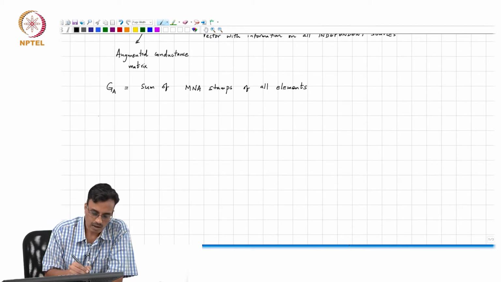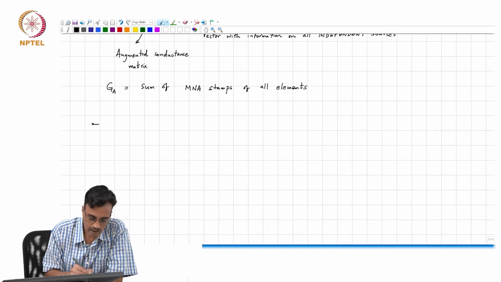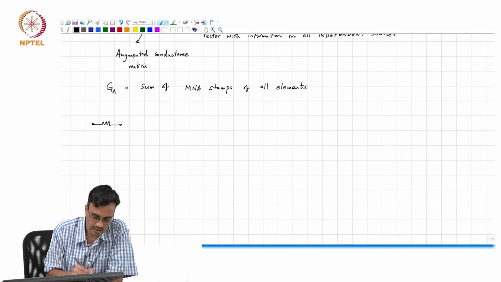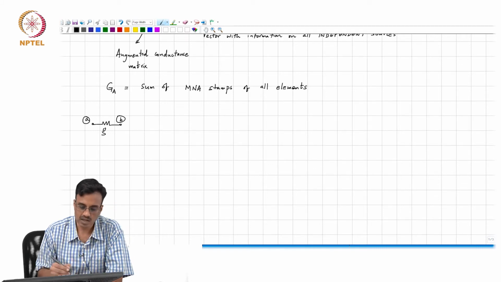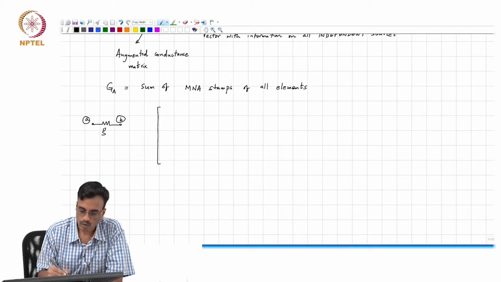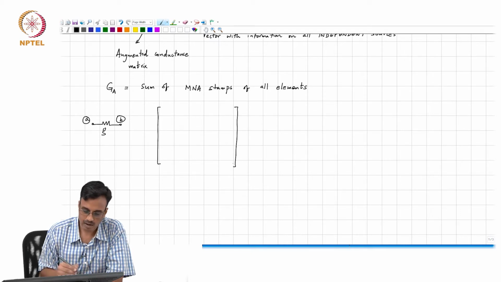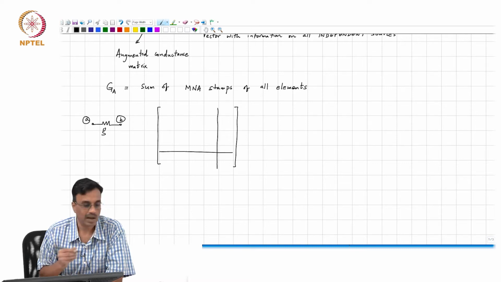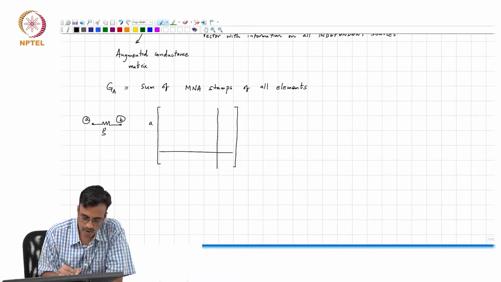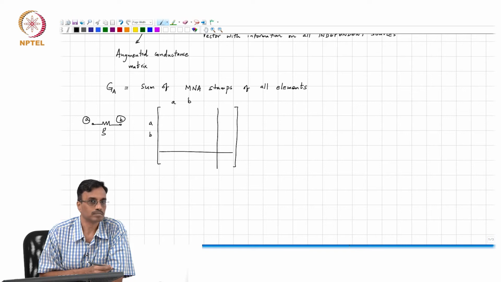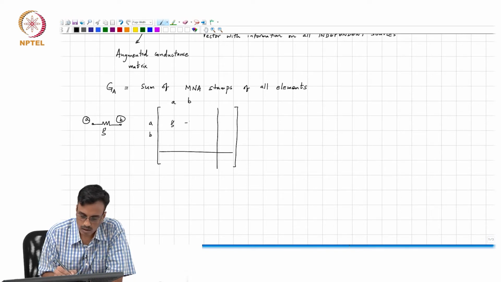So let us quickly write that down. This is node A and this is node B and this is a conductance G. This is the augmented conductance matrix. We allow for potential auxiliary equations and unknowns, but the only thing we need to be aware of is rows and columns A and B. And what do you have here? G, minus G, minus G and G.